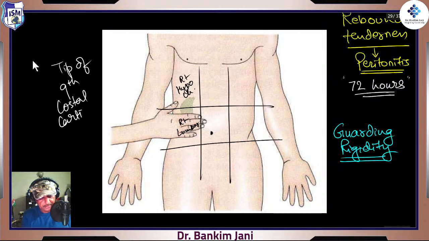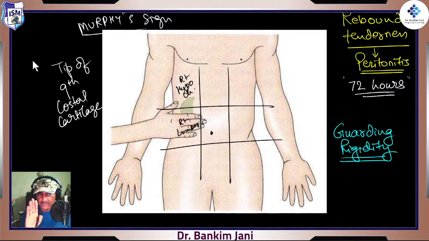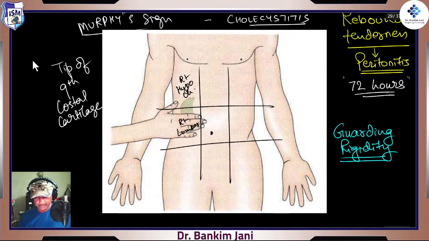This is the exact location, right? And the rest of the procedure, for complete Murphy's sign, is that at this point you press, tell the patient to take a deep breath in, and if he holds his breath, that is the catch in his breath, then it is what's called cholecystitis.